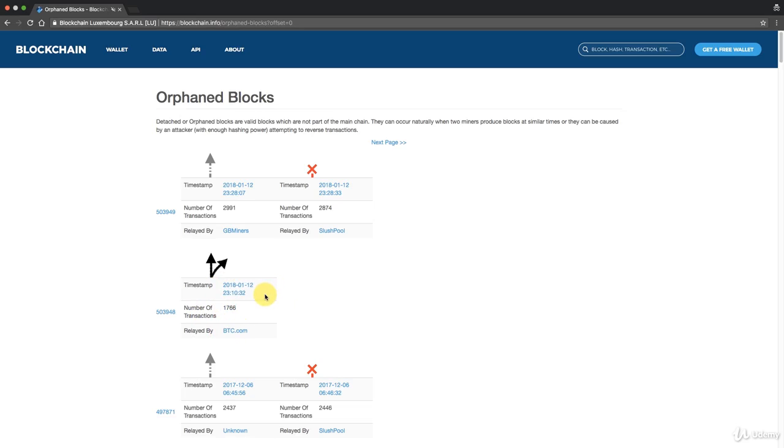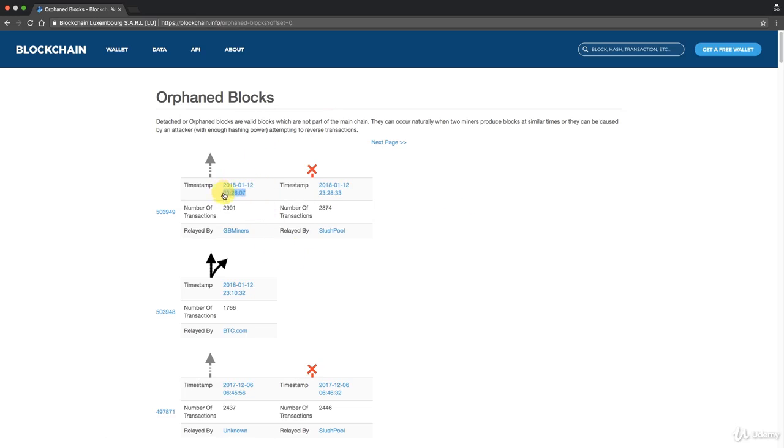Okay, and so then what happened? Well, after that, as you can see, 18 minutes passed, so a bit more than 10. It's 10 on average, so sometimes more or less, because it's a statistical thing to find the hash anyway. So 23:28 on the 12th of January.